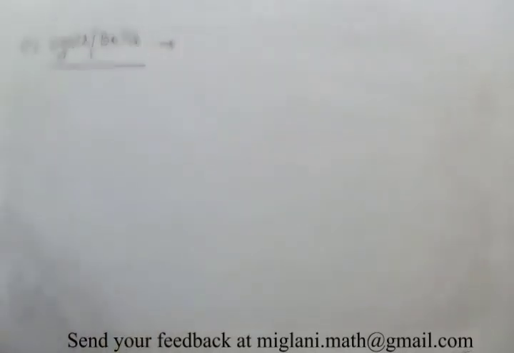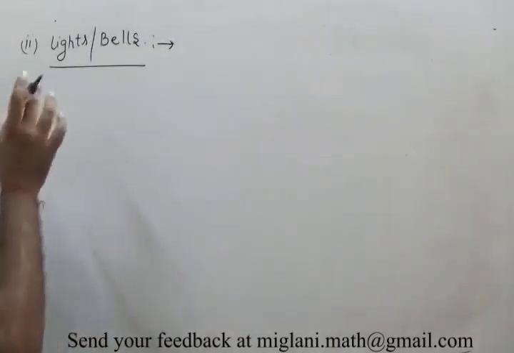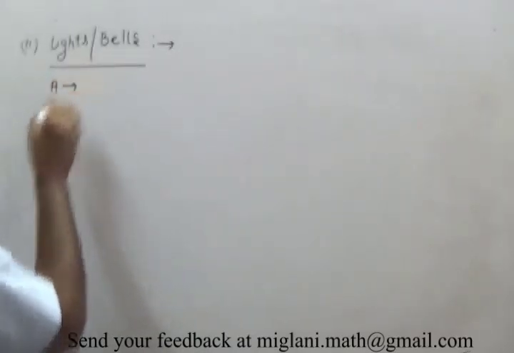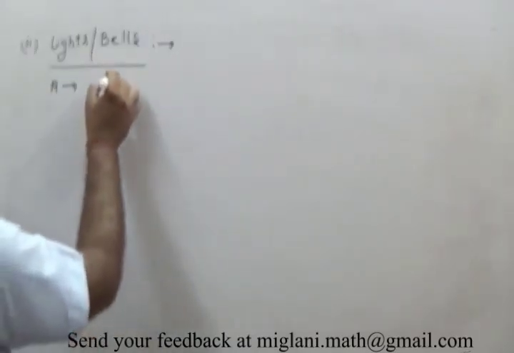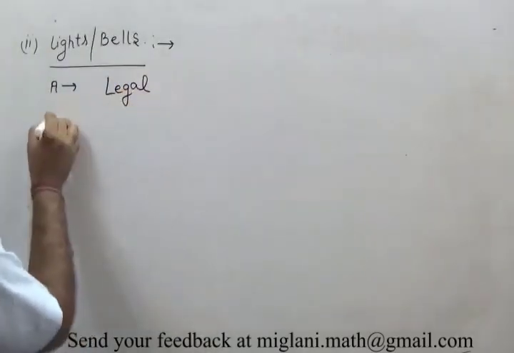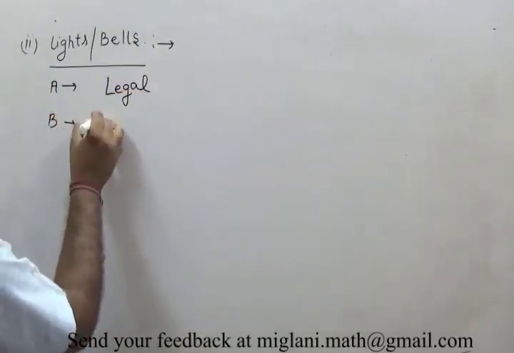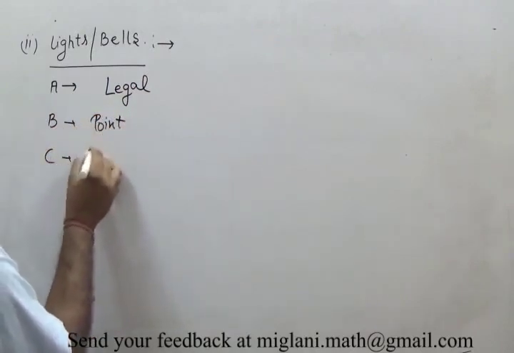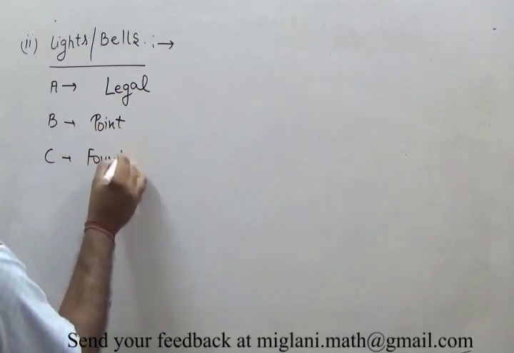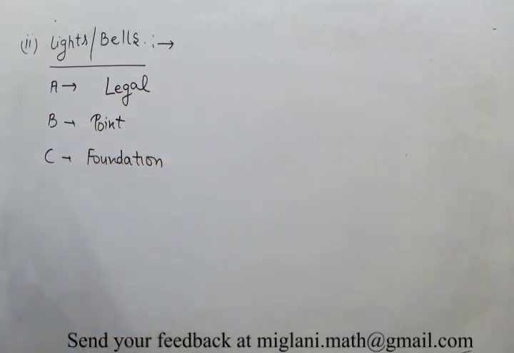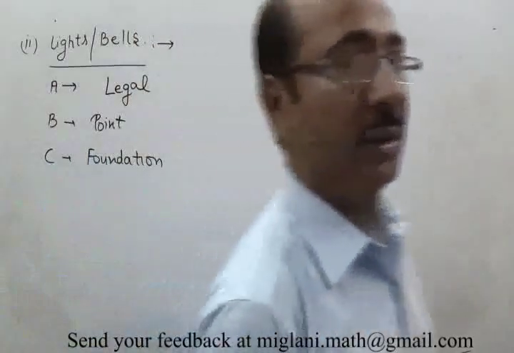It is given that we have few lights. Light A, B and C. We have three lights.